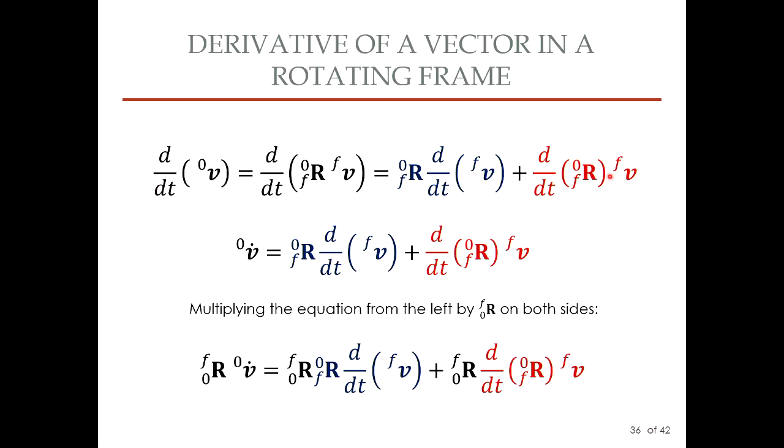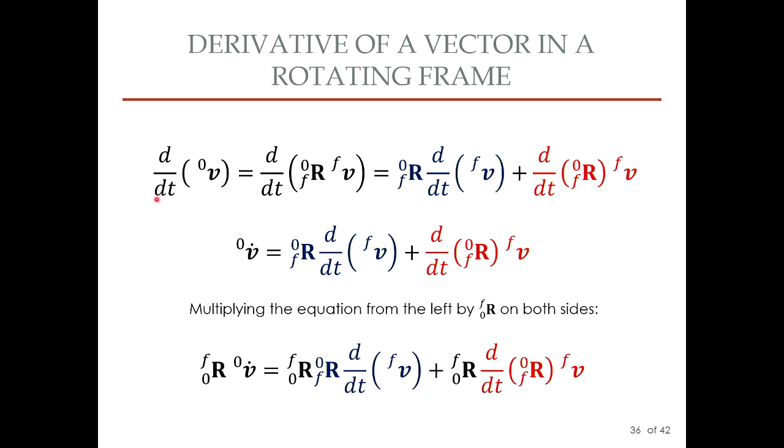I'm starting from this formula here. Is this formula fine with you guys? This is the time derivative of a vector in frame 0, which by our assumption is a stationary coordinate system, not a rotating one.